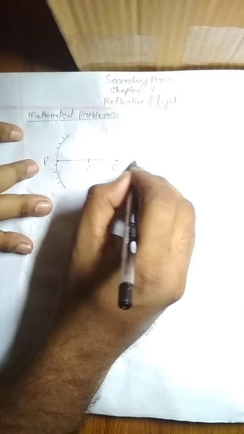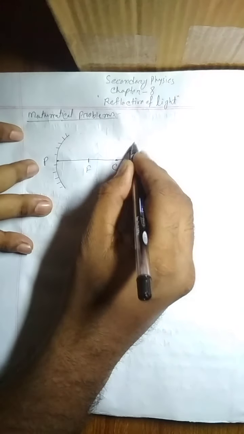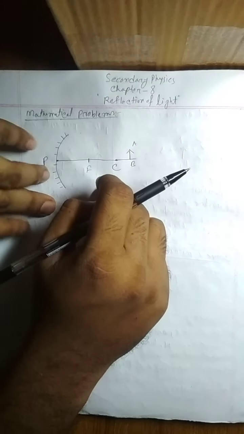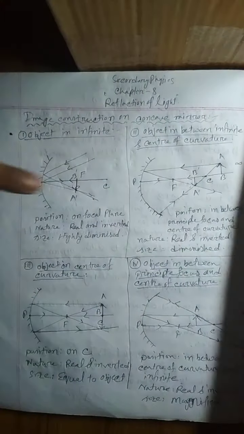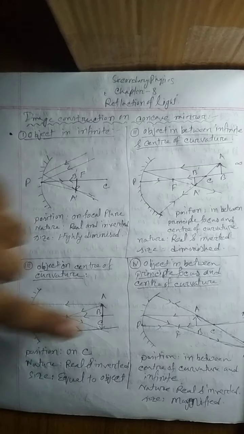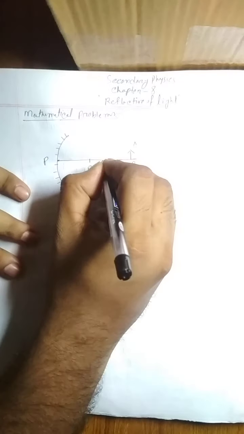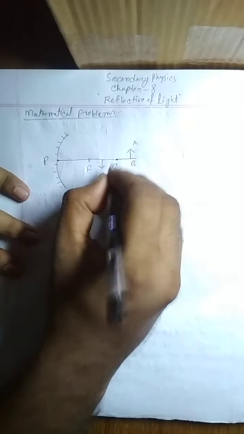If I put an object here, the image will form here. In our previous class we have discussed it. So the image will form here, something like that. This is A prime, B prime.